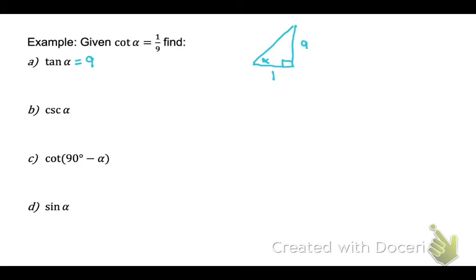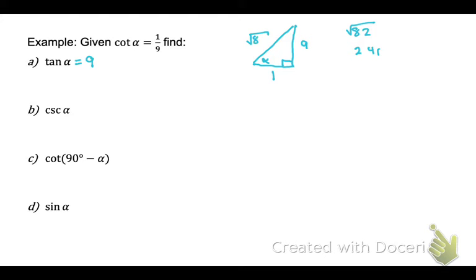How do I find the hypotenuse? a squared plus b squared equals c squared. So 81 plus 1 is 82. So the square root of 82. Can I simplify that? If I took out a 2, it'd be 41. No, there's no perfect square in 41. So I have the square root of 82.